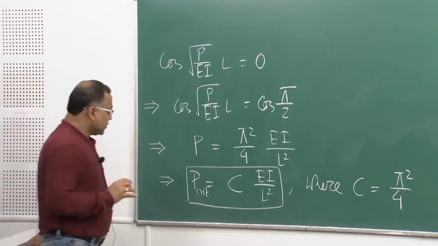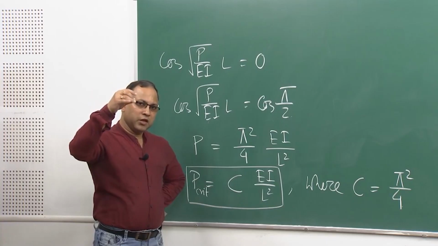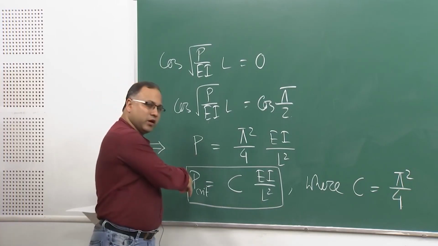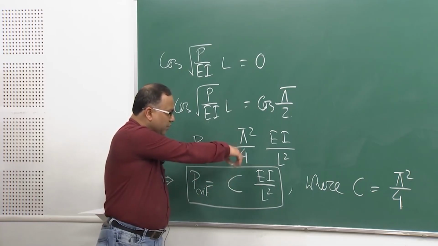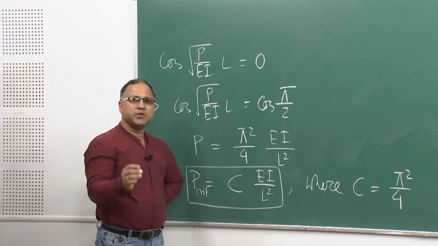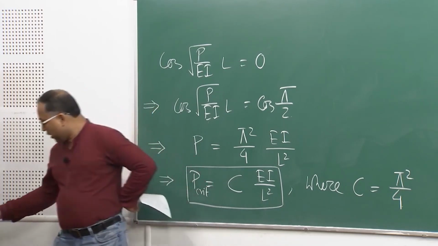Now, once you are loading the column gradually, and your load reaches this magnitude, C into pi square by 4 into EI by L square, immediately the system will go to instability.